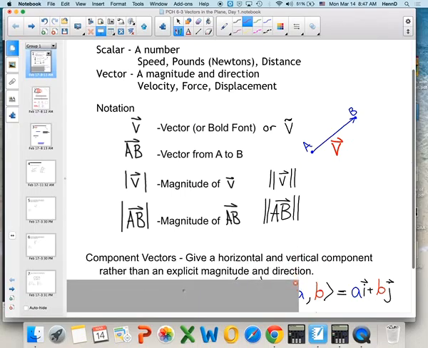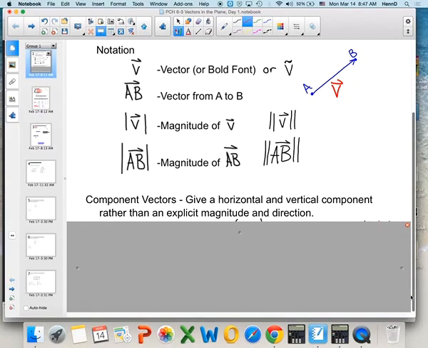Now, something that we'll get to and talk about even more later on: component vectors. Component vectors are vectors that give a horizontal and a vertical component rather than just giving you a magnitude and direction. I could tell you that we are traveling at a rate of 5 miles per hour at a bearing of 53 degrees.